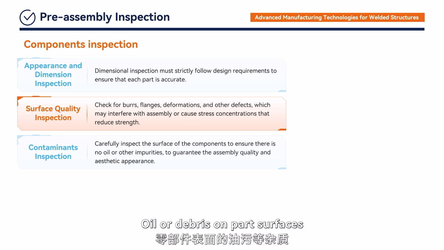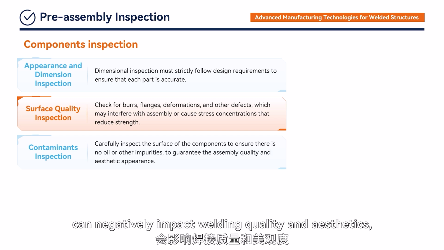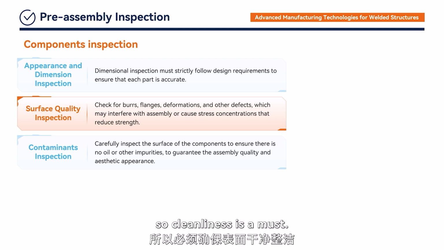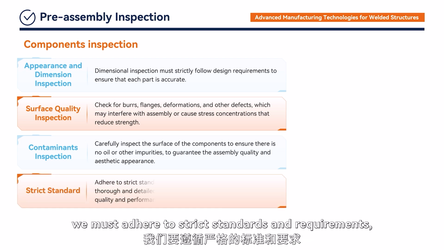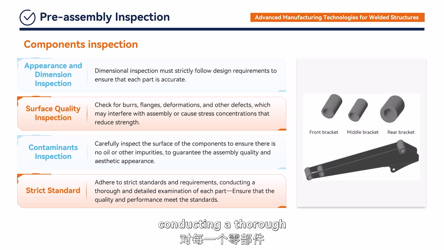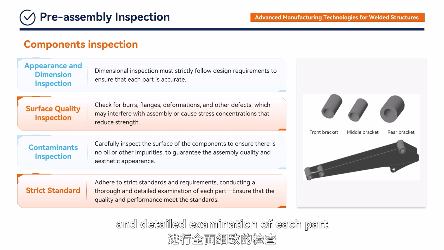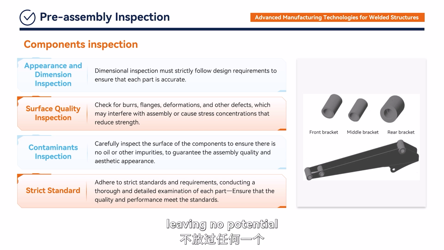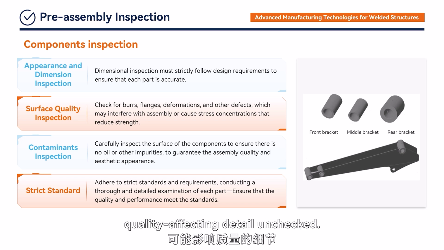Oil or debris on part surfaces can negatively impact welding quality and aesthetics, so cleanliness is a must. When inspecting components, we must adhere to strict standards and requirements, conducting a thorough and detailed examination of each part, leaving no potential quality-affecting detail unchecked.